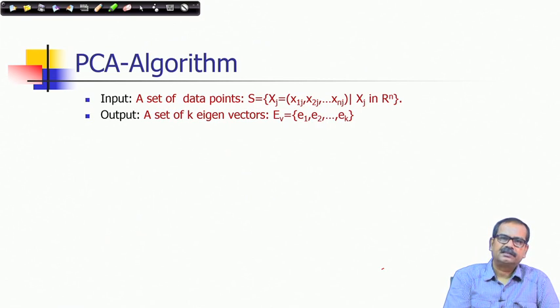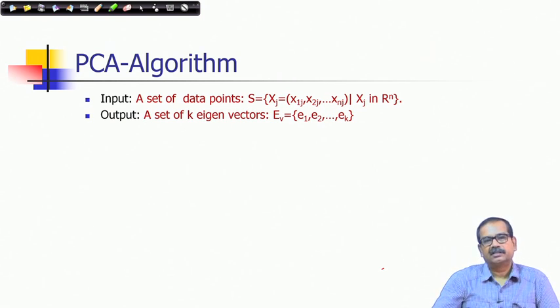So, to summarize, the PCA algorithm: you have an input, a set of data points xj, and each data point is a point in the small n dimensional space. The output should be a set of k eigenvectors. Now, k will be determined by a threshold on the fraction of variances that we are accounting for.